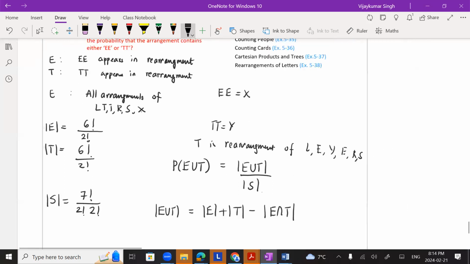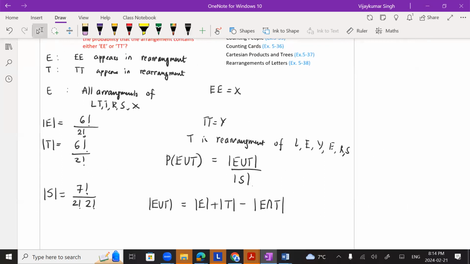So let's go back and do what we did earlier. In E intersection T, we can call EE to be X and TT to be Y, right?